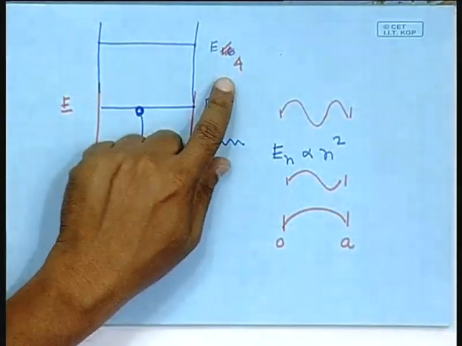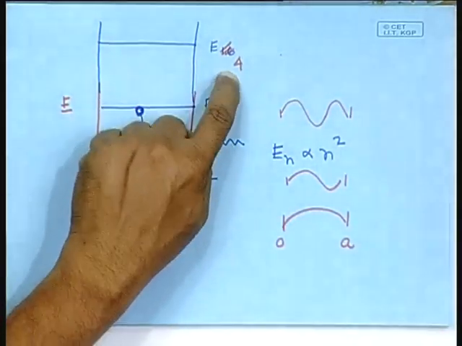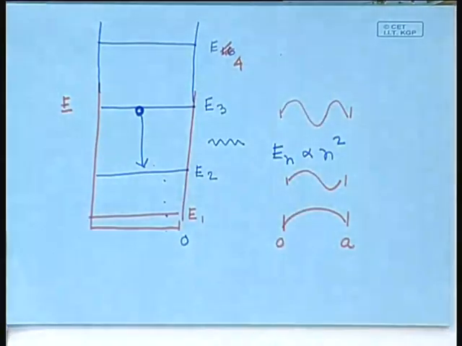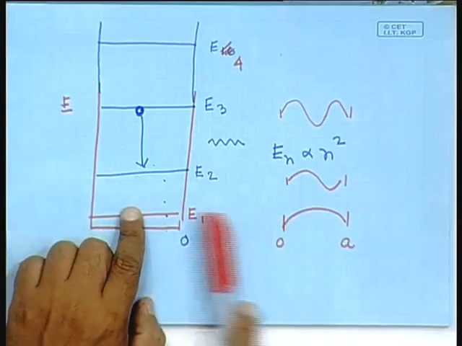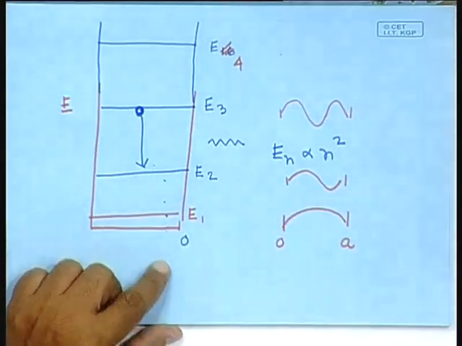So n equal to 4 is the third excited state. It's going to have 3 nodes. So you see that you can predict the number of nodes that you expect in the wave function. The ground state will have no nodes. The first excited state will have a single node. The second excited state will have 2 nodes. The third excited state will have 3 nodes, etc.